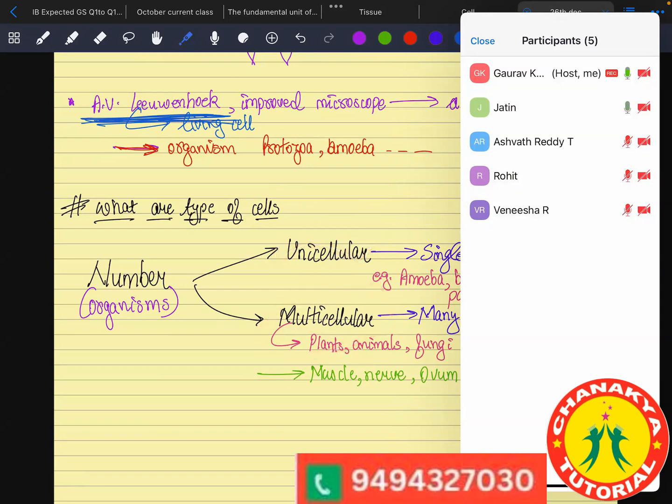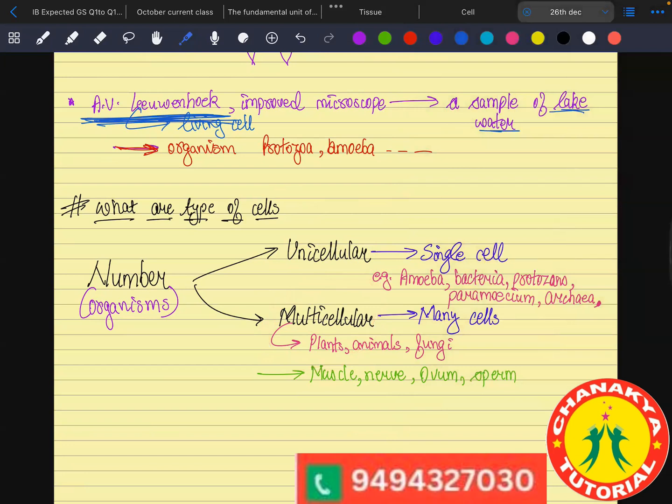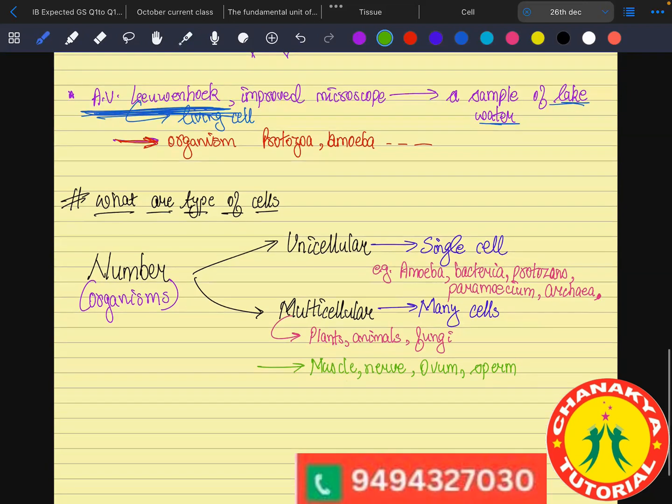Rohit, Ashwath, Venisha, any doubts from unicellular and multicellular organism? No, sir. Unicellular are single cell, multicellular are multiple cells. Unicellular organisms are independent, right? They can do all the functions like feeding, movement.